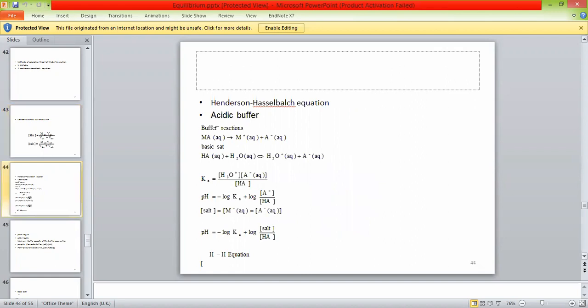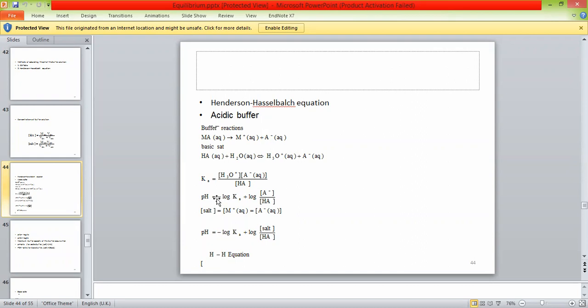Okay, so the Henderson-Hasselbalch equation of an acidic buffer. When you introduce the negative log to this, this is what you get. So the negative log of this and then the negative log of this breaks down, and this is what you're going to get at the end of the day.